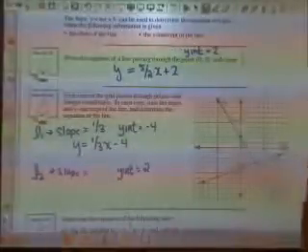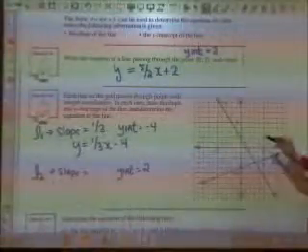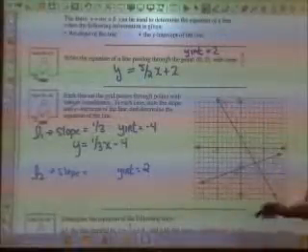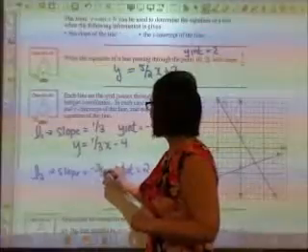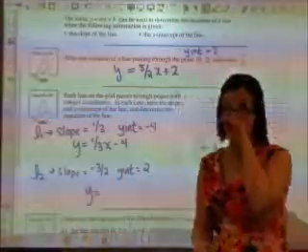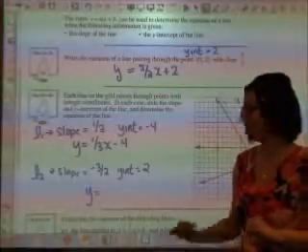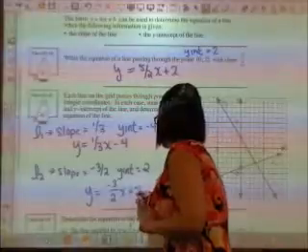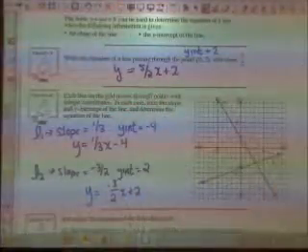Positive or negative? Negative, because it goes down and to the right. So it's dropping. So the slope would be a negative 3 halves. So my equation would be y equals negative 3 halves x plus 2.